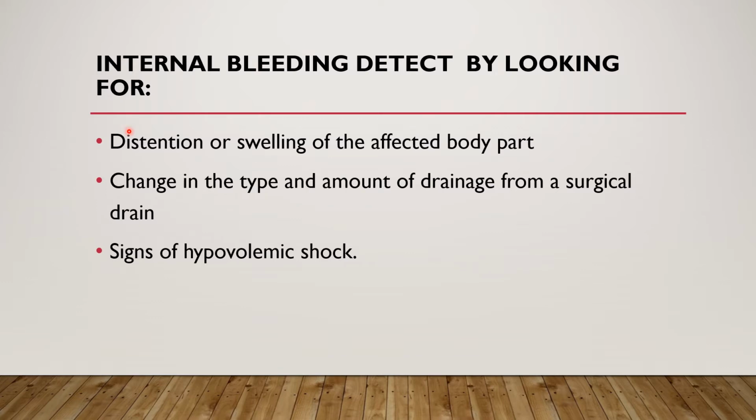You can see a distension or swelling of the affected body part. Second is a change in the type and amount of drainage from the surgical drainage, and a sign of hypovolemic shock. These are the signs by which you can determine that internal bleeding has occurred in the patient.